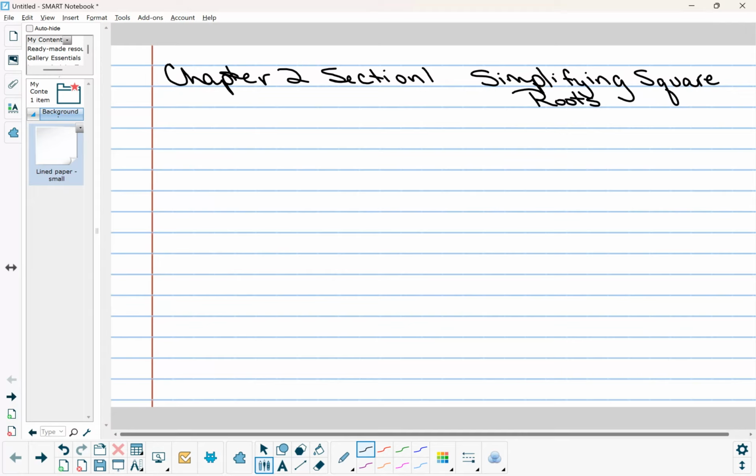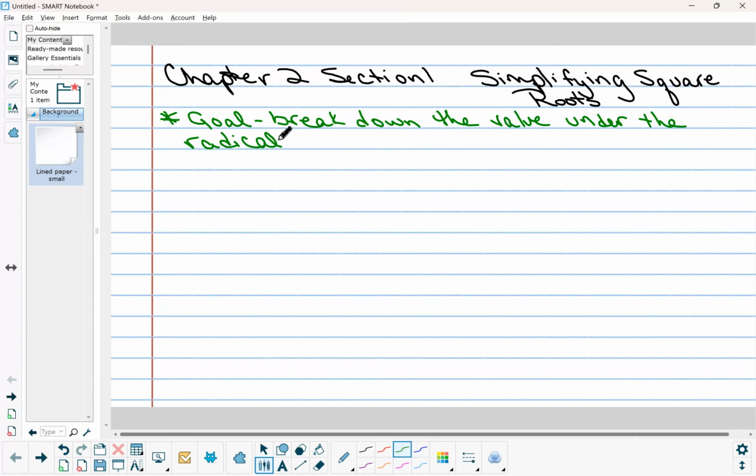So your goal is to be able to break down the value under the radical until it is in its lowest terms.